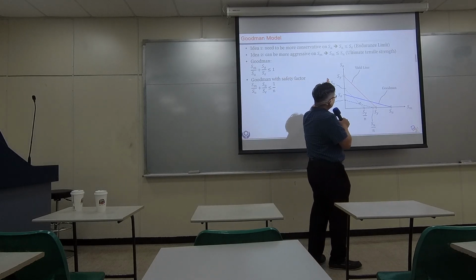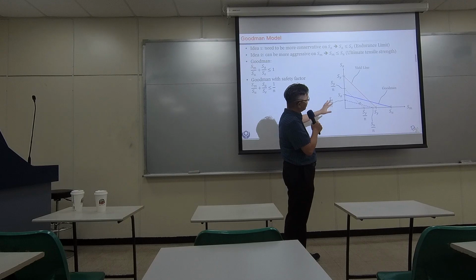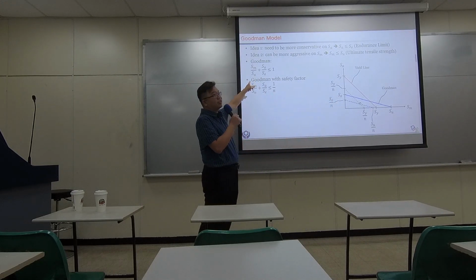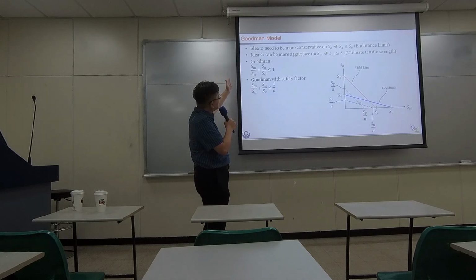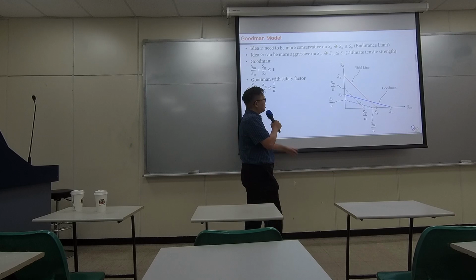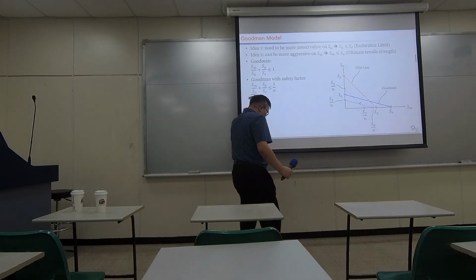So I think the easiest way to understand the model is to use this figure instead of observing the equation. The equation doesn't make sense. It's hard to understand. But if you look at the drawing right here, it's easier to understand.